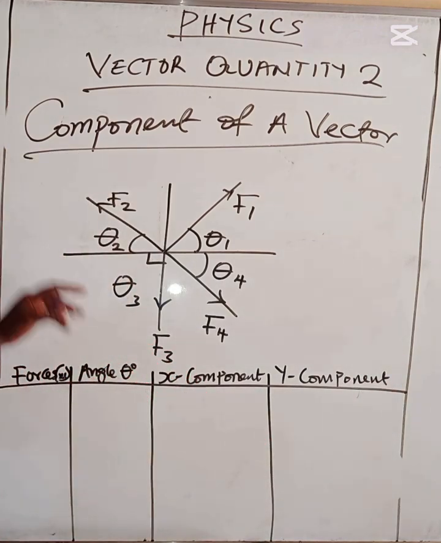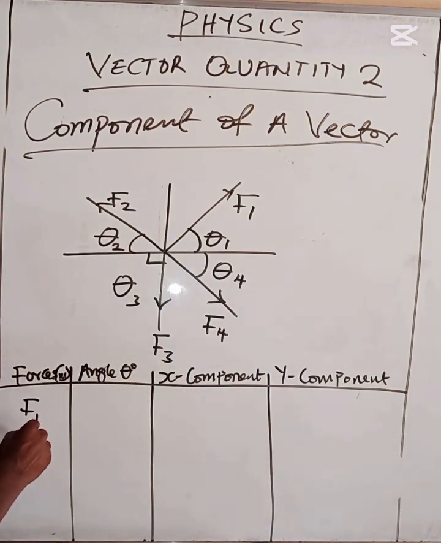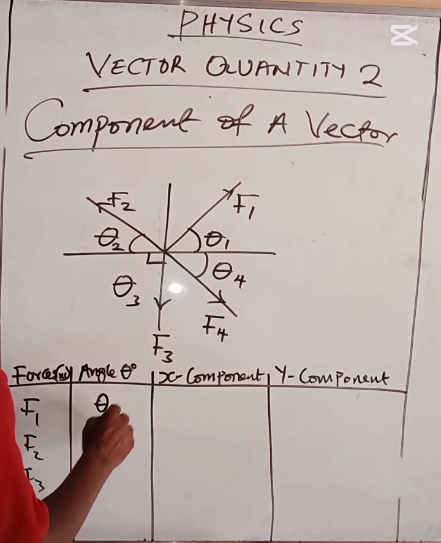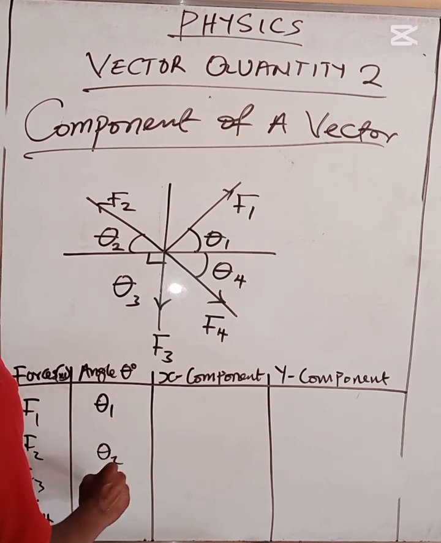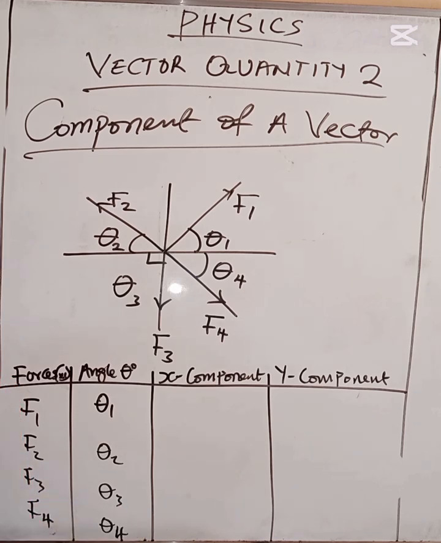Your forces here are F1, F2, F3, F4. Now the angles are theta 1, theta 2, theta 3, theta 4.